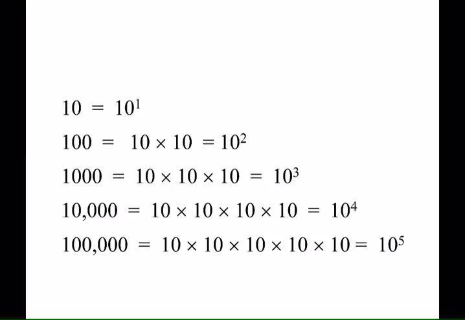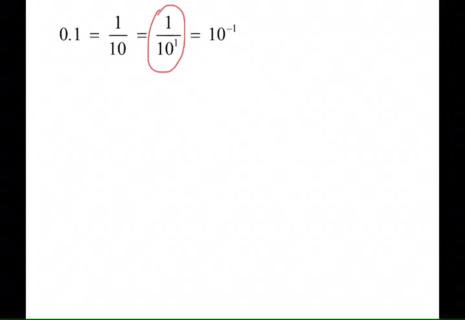All right, now let's switch to 10 raised to a negative power. Well, 0.1 is 1/10, and 1/10 we would write as 1 over 10 raised to the 1st power. Now here's the catch. Well, not much of a catch.